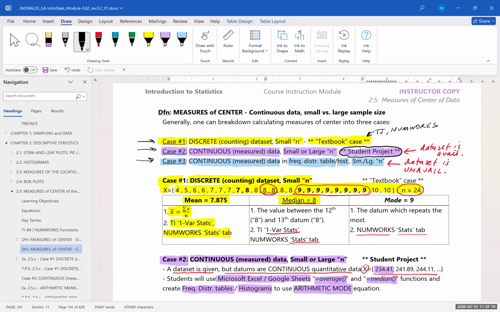And case three is really if outside this class, you're working with biology or chemistry or whatever, and you have a table or a histogram of data, these formulas will let you calculate the three measures of center for that data just based off of a picture or a table. All right, thank you. Let me know if you have any questions.